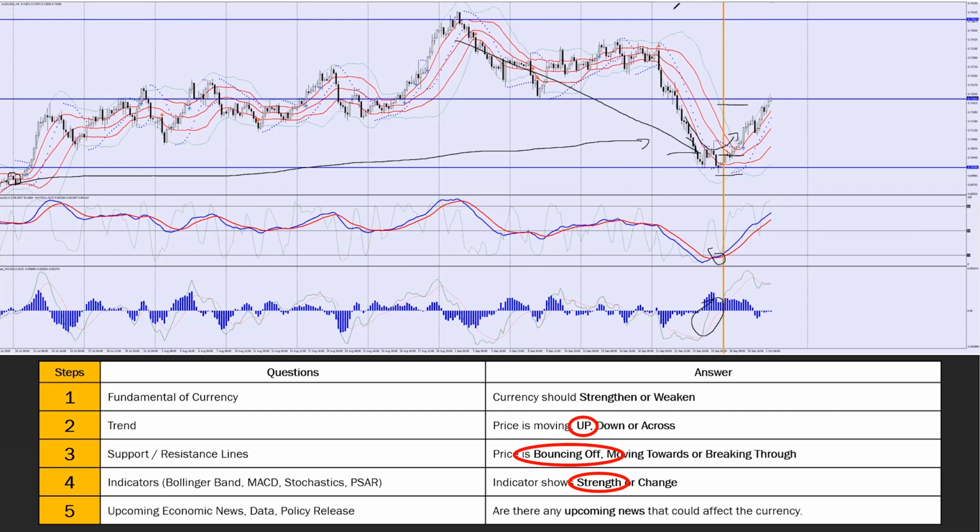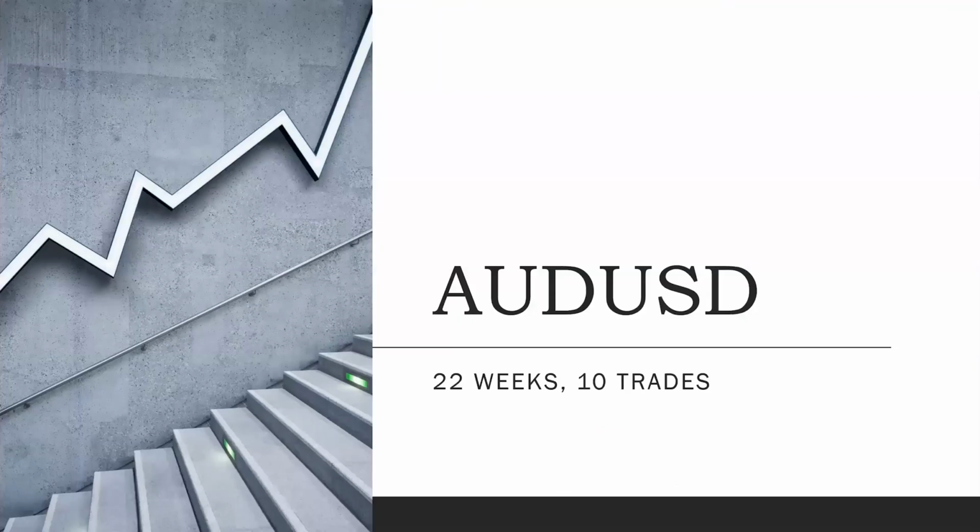So what I want to share with you now is also that we just looked at the Aussie US over 22 weeks on the H4 time frame, and there were only 10 trades. 10 trades over 22 weeks means it's about one trade every 2 weeks.